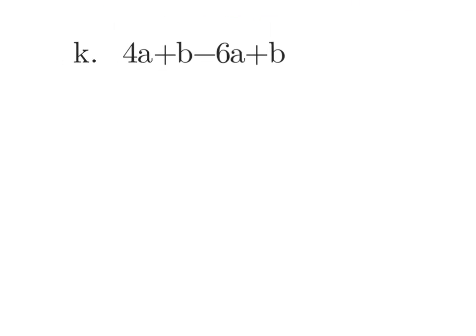All right, last one. Let's look at 4a plus b minus 6a plus b. If we combine, I can combine 4a and minus 6a. We have different signs, so I'm going to subtract. Keep the sign of the larger number, so I get negative 2a.